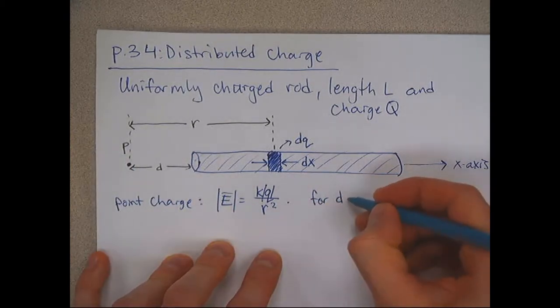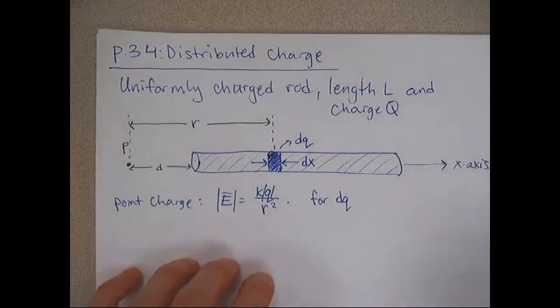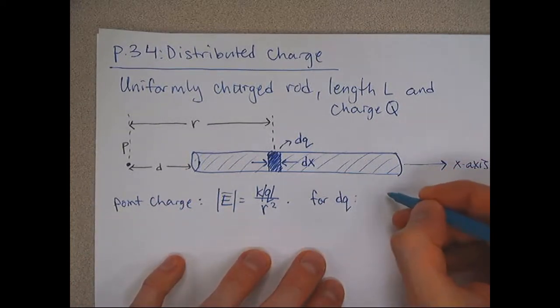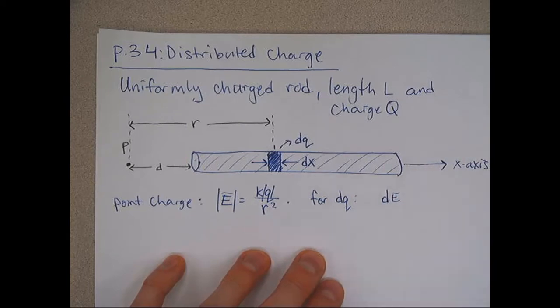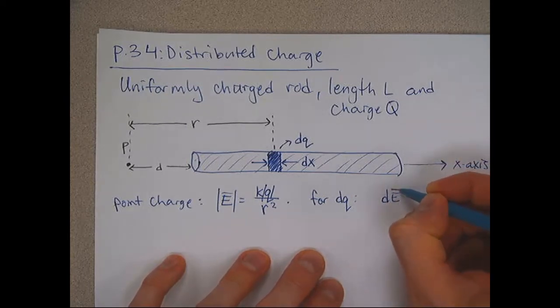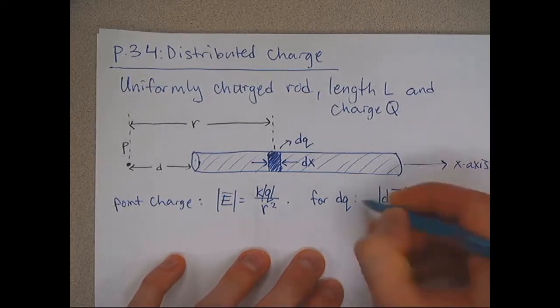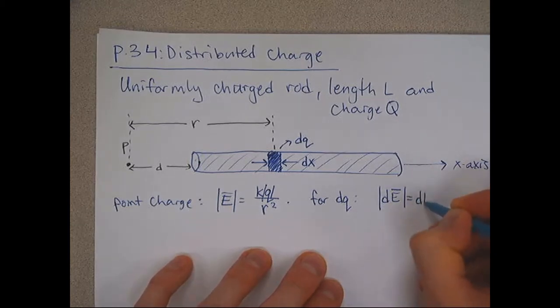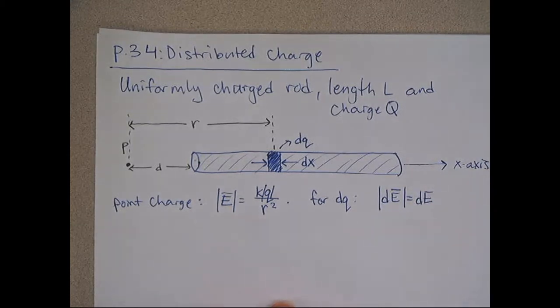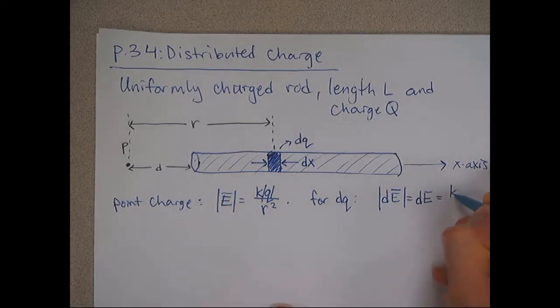For a differential charge, dq, we will write that it creates a differential contribution to the electric field. We're just talking about the vector magnitude for the moment, equal to k dq, the amount of charge, over r squared.